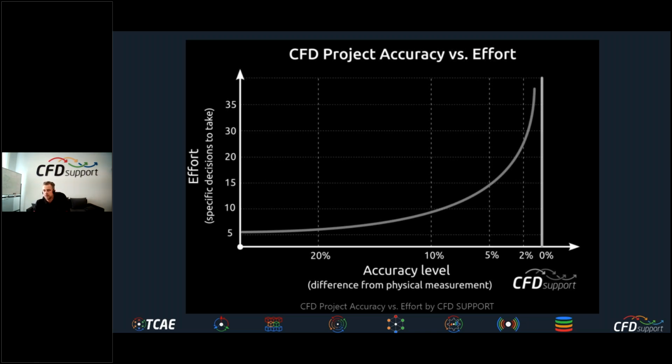It's similar to life, where if you spend a lot of effort, it's like muscles; it grows and gets better and better, and it's difficult to get great projects quickly. So this is what we call accuracy versus effort. With effort, we mean specific decisions, or problems you have to resolve to a particular quality.